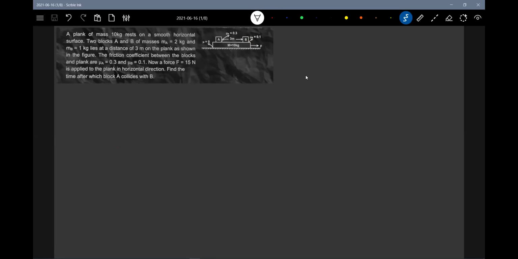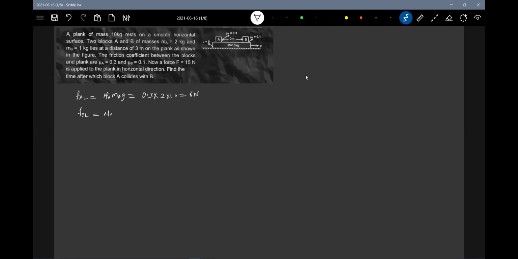The limiting friction F_AL should be equal to mu_A M_A g. Mu_A is 0.3, into 2 into 10, so 6 Newton is the limiting friction.